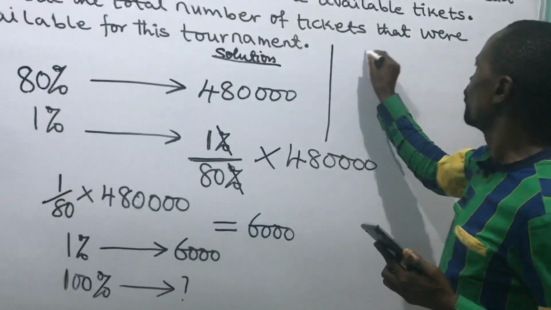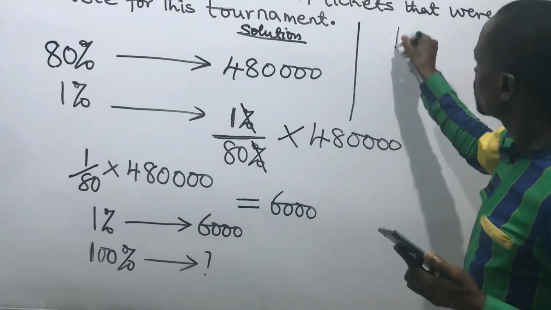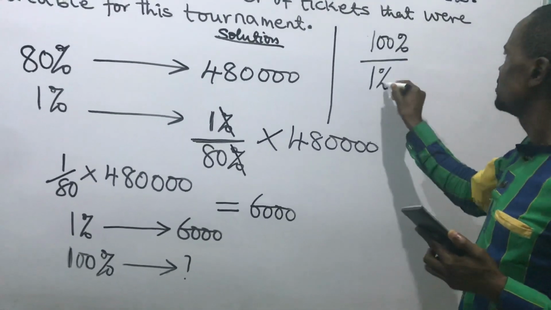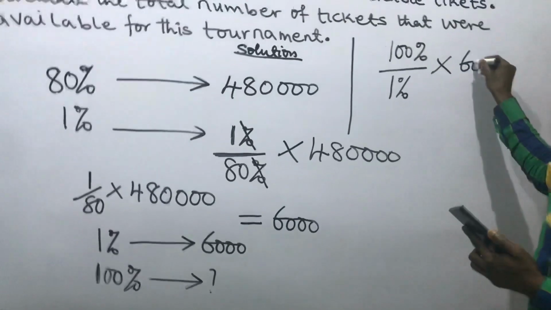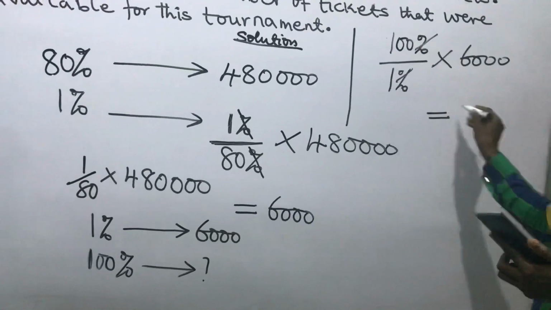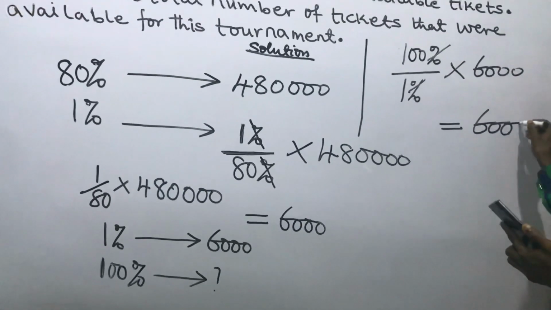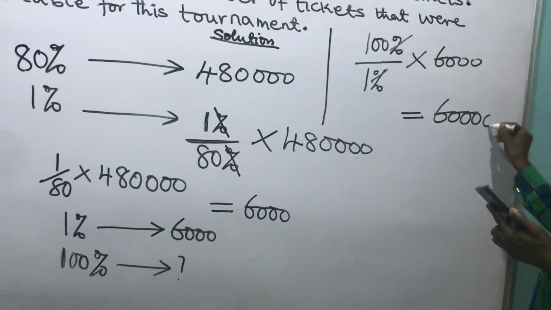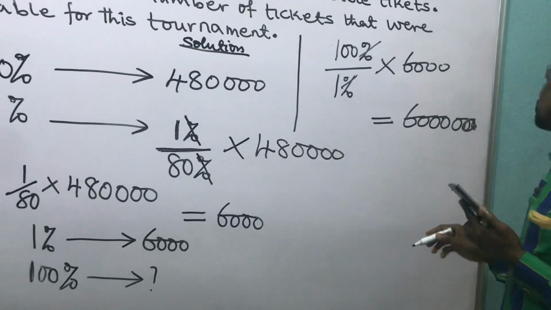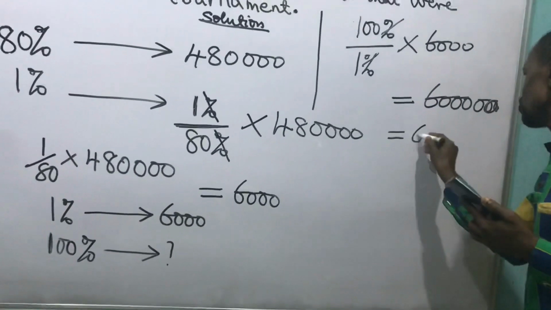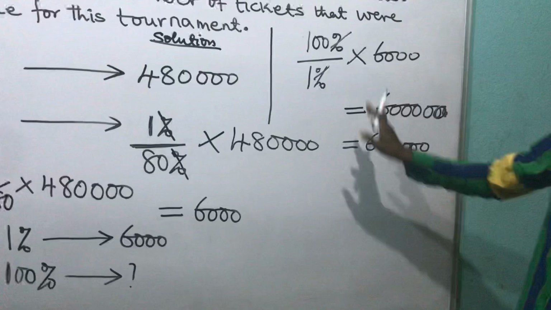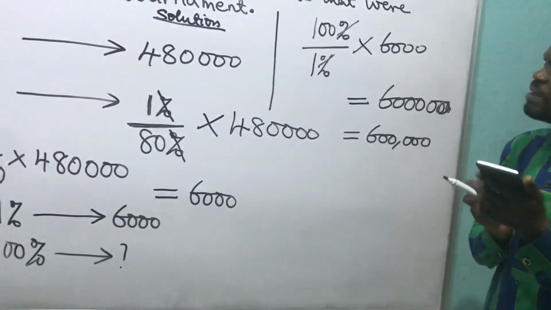Then my reference point always divides, which will now be 100% divided by 1% times 6,000, and this will destroy this, giving me 6,000 times 100, which gives me 600,000 tickets. So 600,000 tickets were available to sell for the tournament.